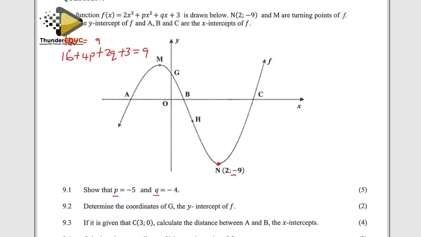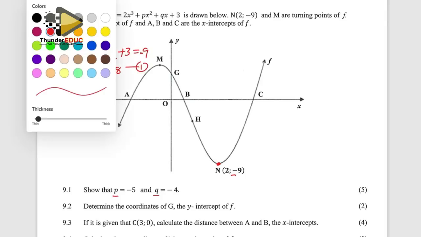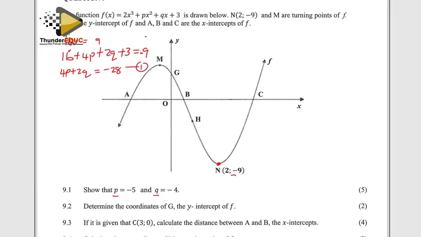I know that 16 plus 3 is 19, so 4p plus 2q, I need to move it that side, it's going to give me negative 28. Let me take that to be my first equation. Then let me get the first derivative. Okay, f prime of x is going to be 6x squared plus 2px plus just a q.